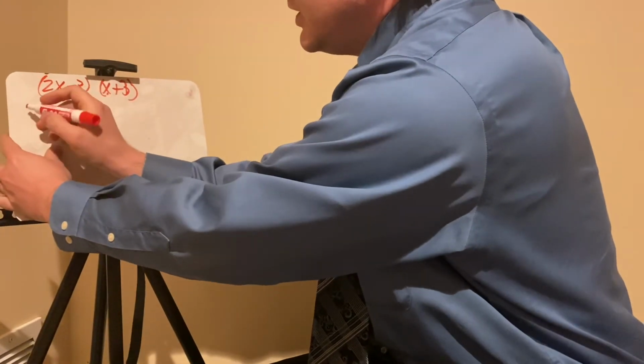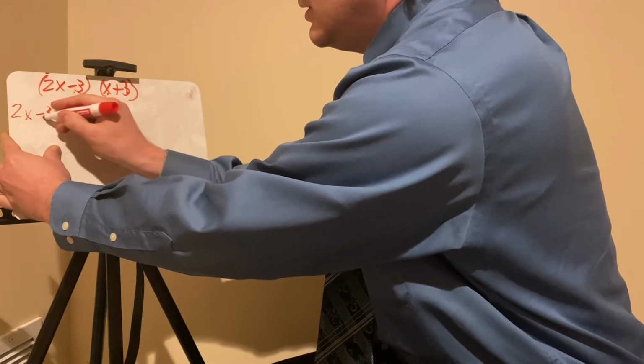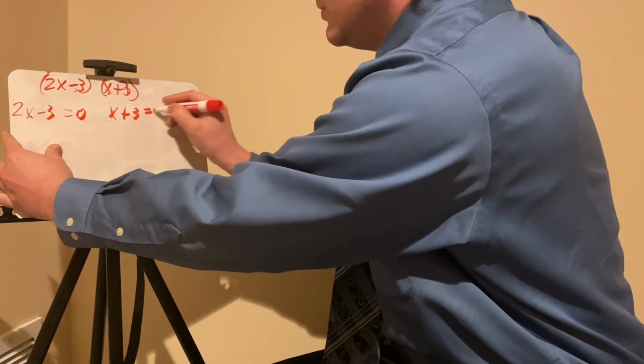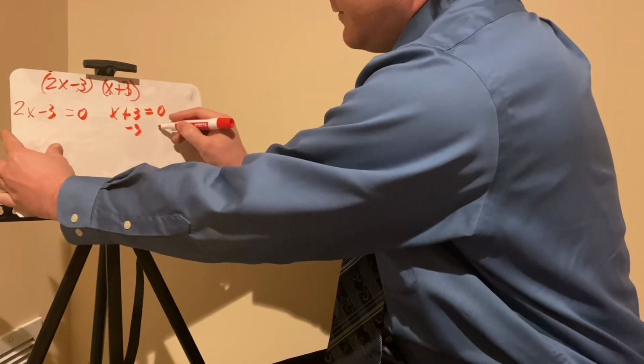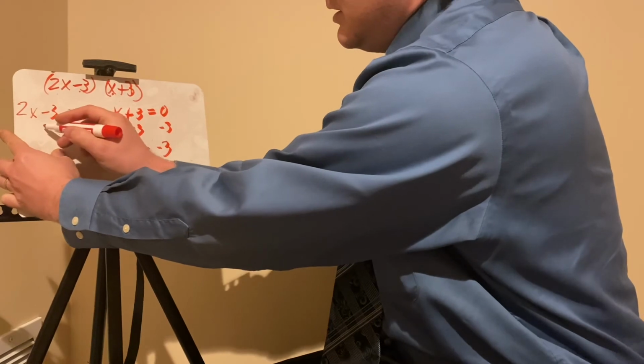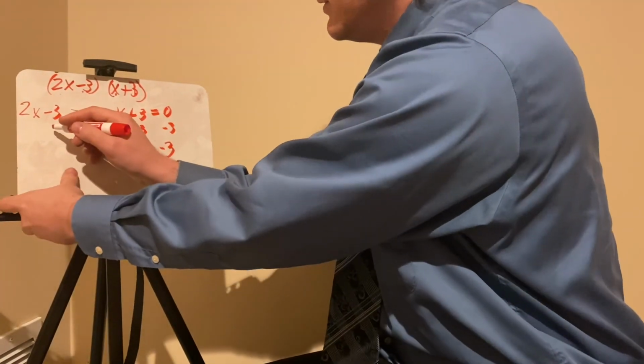Now I set each factor equal to 0 to figure out the actual roots or solutions. 2x minus 3 equals 0, and x plus 3 equals 0. Subtract 3 from the second one, and x is going to equal negative 3. Just double checking, I thought I made a mistake.